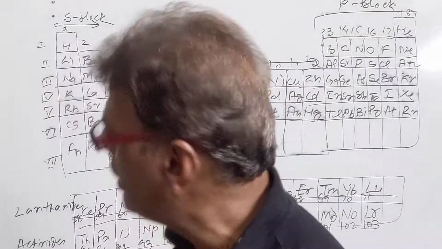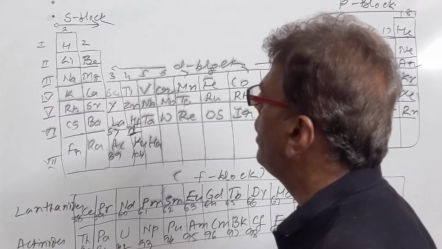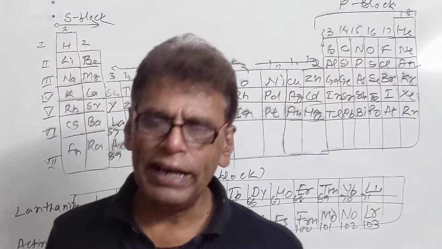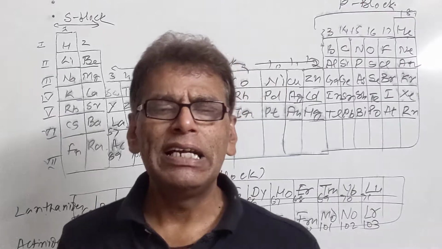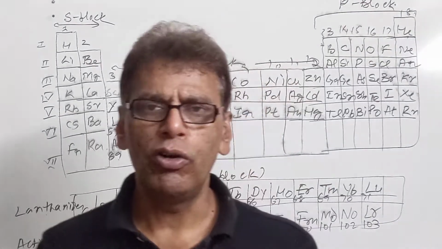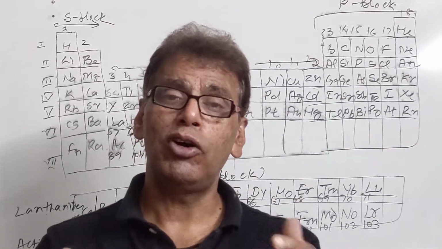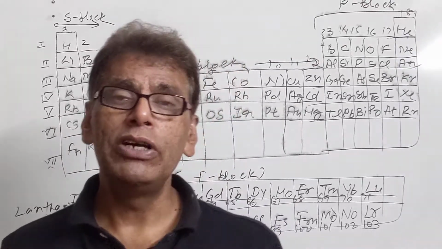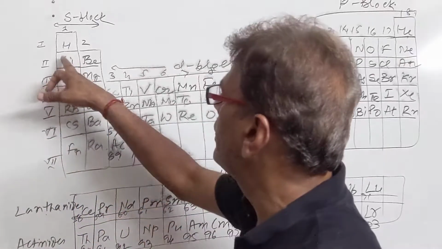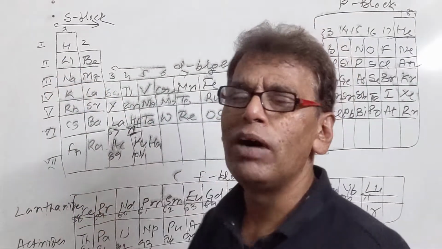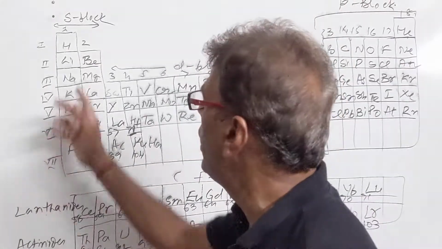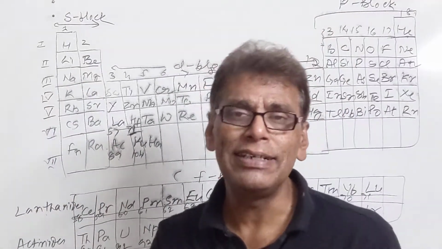First of all, we see the valency. Valency of an element is defined as the combining capacity of an atom of an element. It is also given as the number of hydrogen atoms or number of chlorine atoms, or double the number of oxygen atoms, with which one atom of an element combines. For example, if we take lithium here, it combines with one hydrogen giving lithium hydride. Similarly, it can combine with one chlorine to give LiCl.